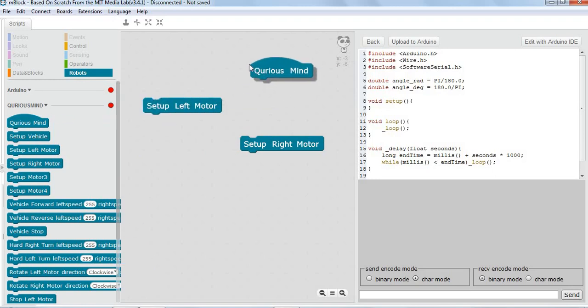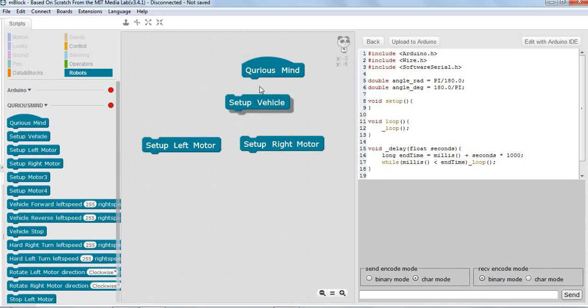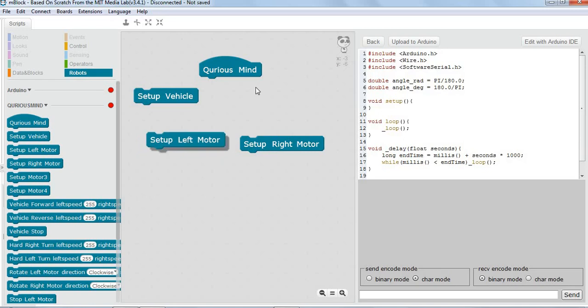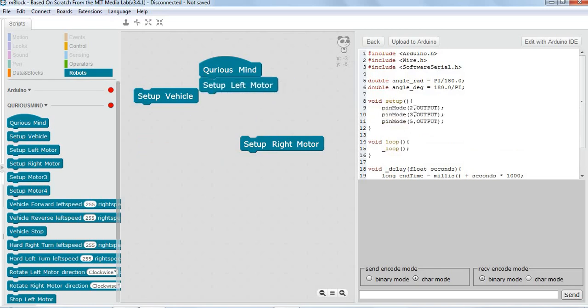If you remember, when we had the vehicle setup command, setup vehicle, it was working with 2, 3, 5, 4, 7, 6 pins. And if I attach left motor, I am setting up 2, 3, 5, 3 pins.